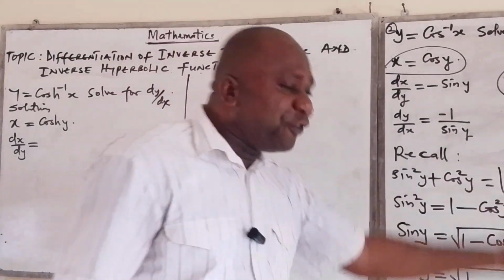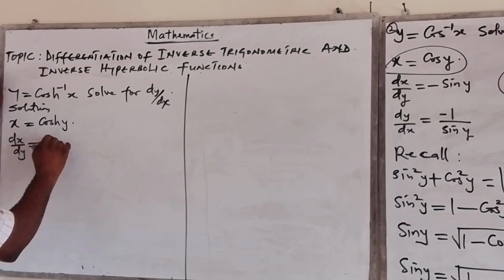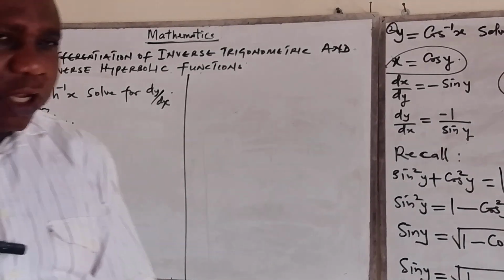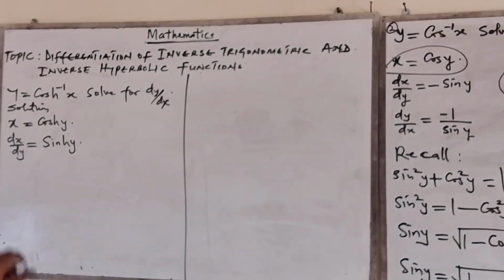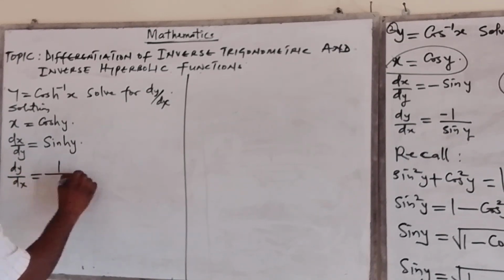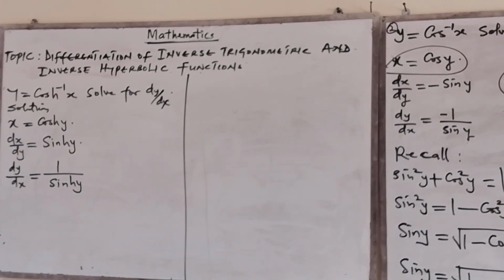But in hyperbolic functions, when you differentiate cos hy, it gives sine hy. I'll explain that better later under hyperbolic functions. So here, the dx all over the dy is equal to sine hy, so the dy all over the dx will be equal to 1 all over sine hy.